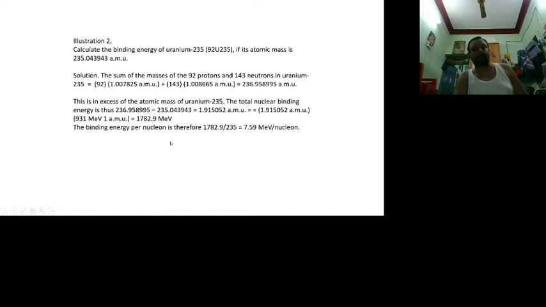With a total binding energy of 1782.9, dividing by 235 gives the average binding energy per nucleon, 7.59 million electron volts per nucleon.